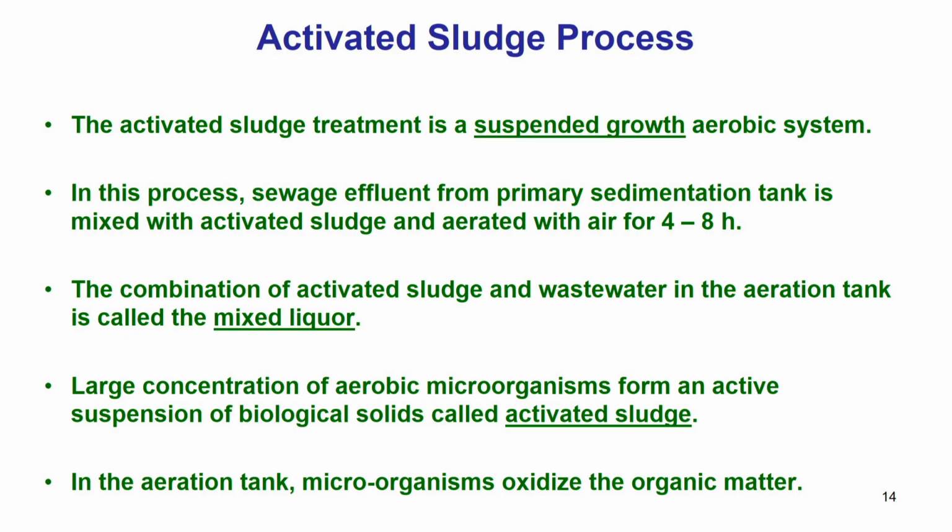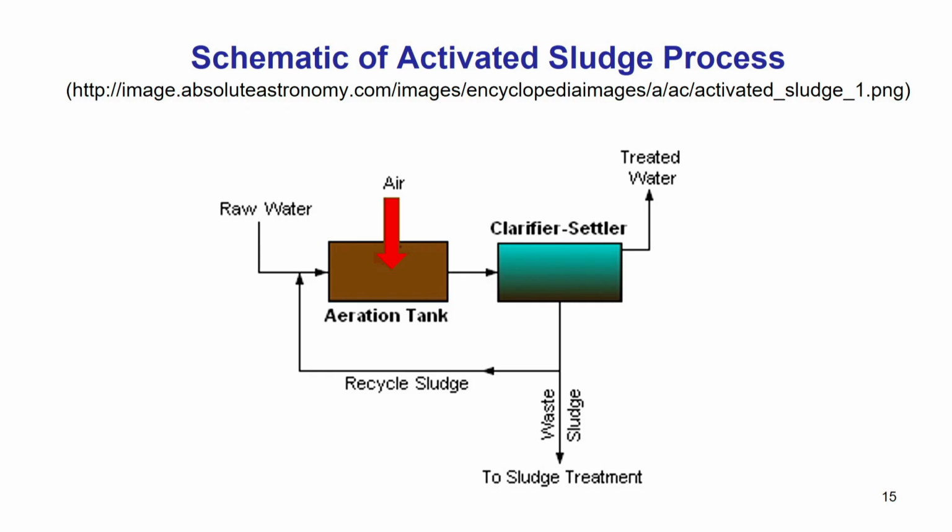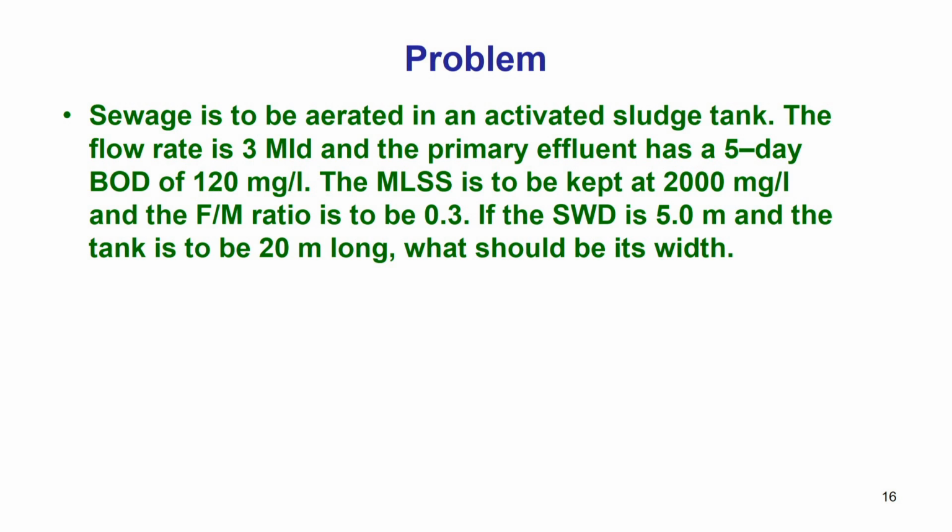In the aeration tank, microorganisms oxidize the organic matter. So this is the image. Simply, the treated primary effluent is entering into the aeration tank, and then there is a secondary clarifier where it is settled down, and then the remaining waste.